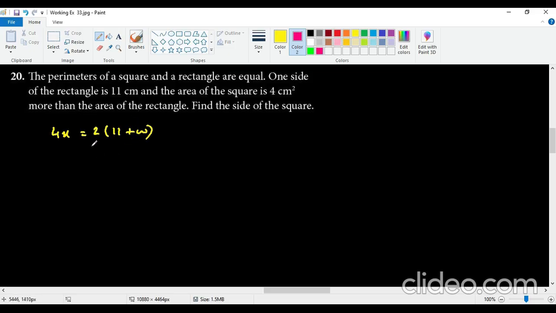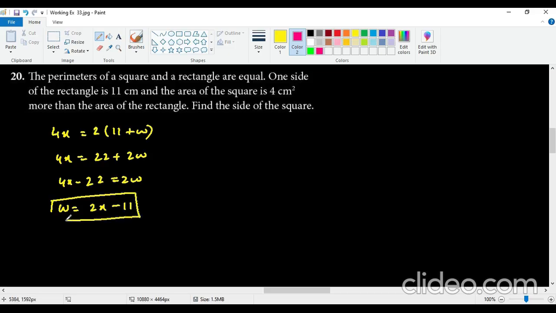Now if we expand this, it's going to be 22 plus 2w, and that means 4x minus 22 equals 2w, or we can say w equals 2x minus 11, dividing everything by 2. So this is going to be the equation for the width.